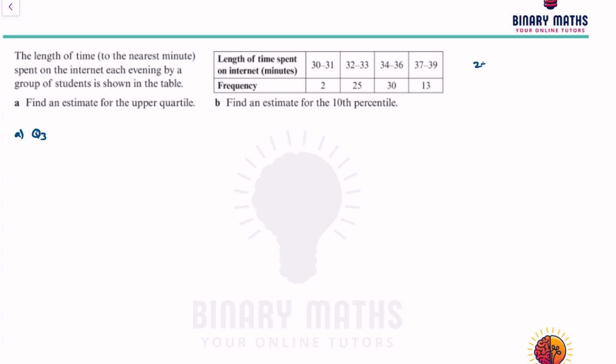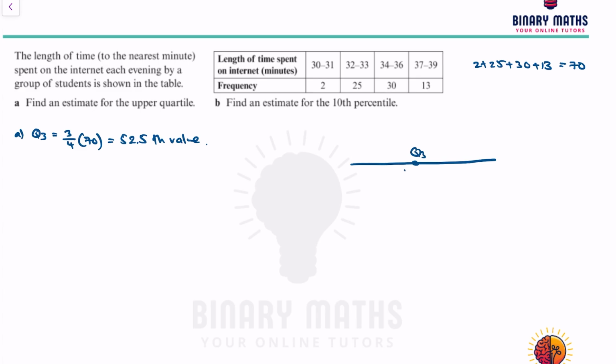So 2 plus 25 plus 30 plus 13 gives me a value of 70. So Q3 is equal to 3/4 of 70, which is equal to the 52.5th value, which means if I draw my diagram out, I've got Q3, which is 52.5.